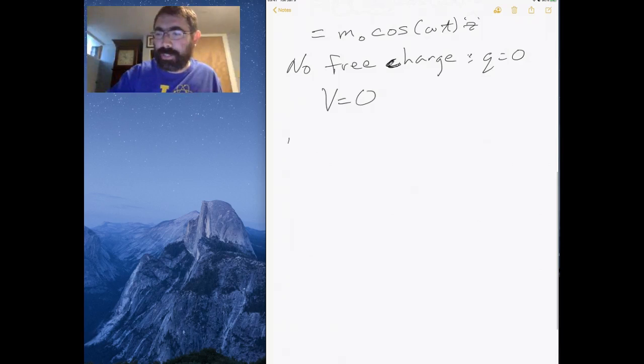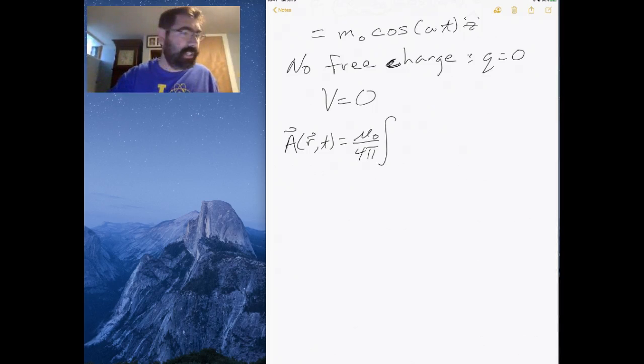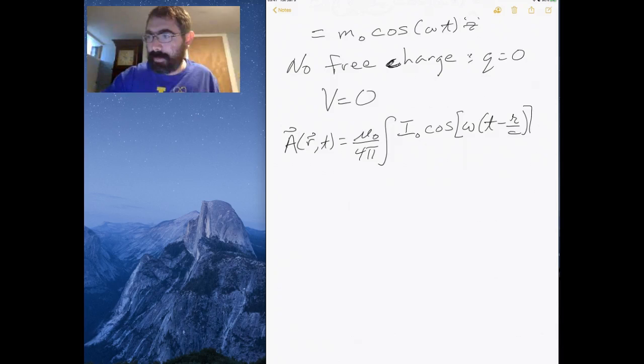The magnetic potential, A, we can write out as μ0/4π, integrating now over the current. And we're going to rewrite the time as the retarded time.